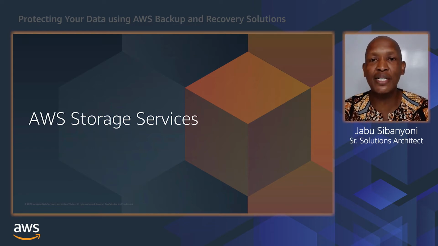With a service such as S3, our Simple Storage Service, you can replicate your data to different regions and even replicate your data into different accounts. Most of the services that AWS offers have some form of capability to take snapshots or backups of your data.